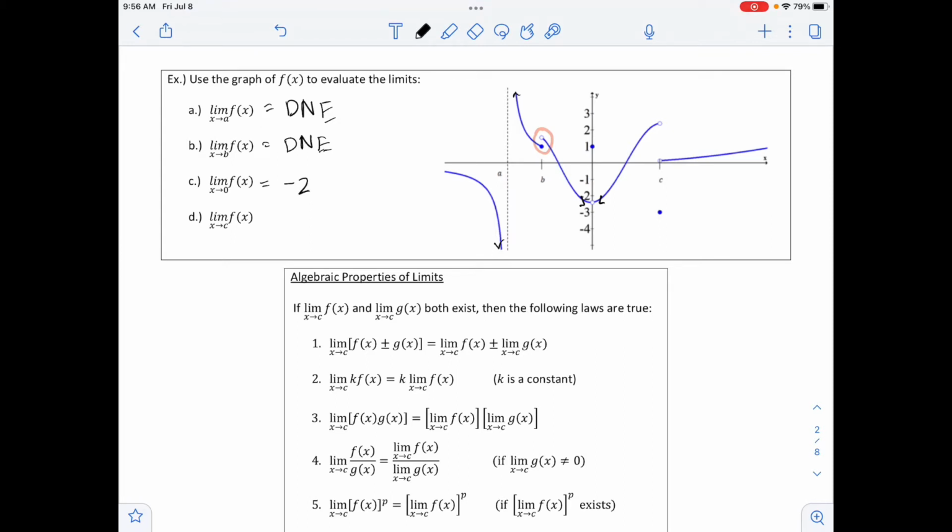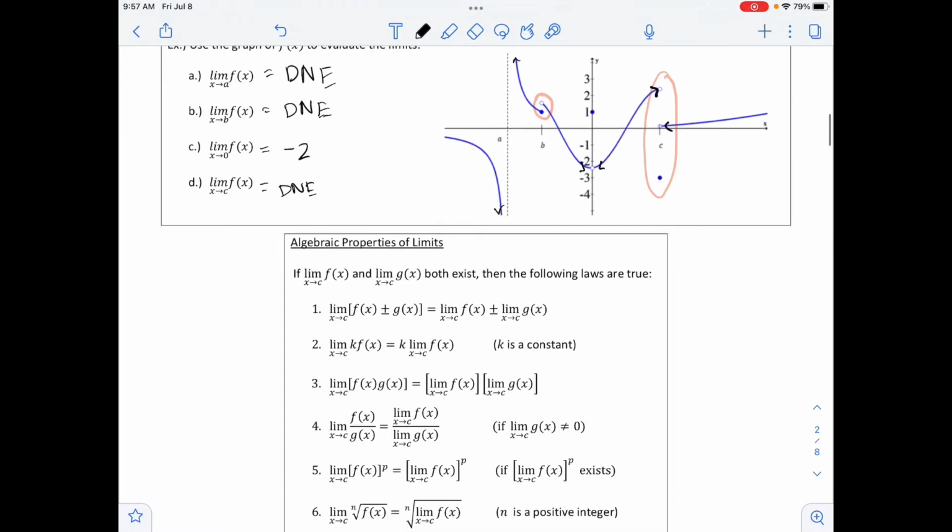The limit as x approaches c of f of x, this is part D. If you look at that, you'll notice that as you're approaching c from the left, you're actually approaching 2, and approaching c from the right, you're approaching 0. Those two values do not match, and so this would also be a does not exist.